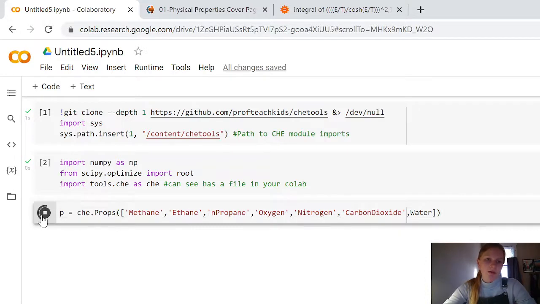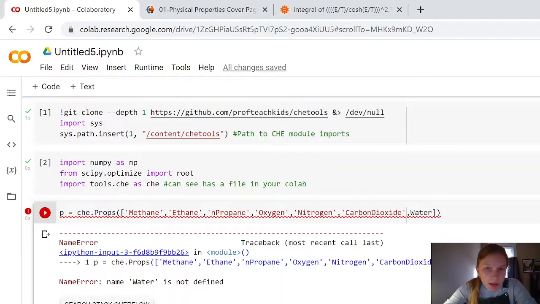Load that in there, make sure you've typed everything correctly.